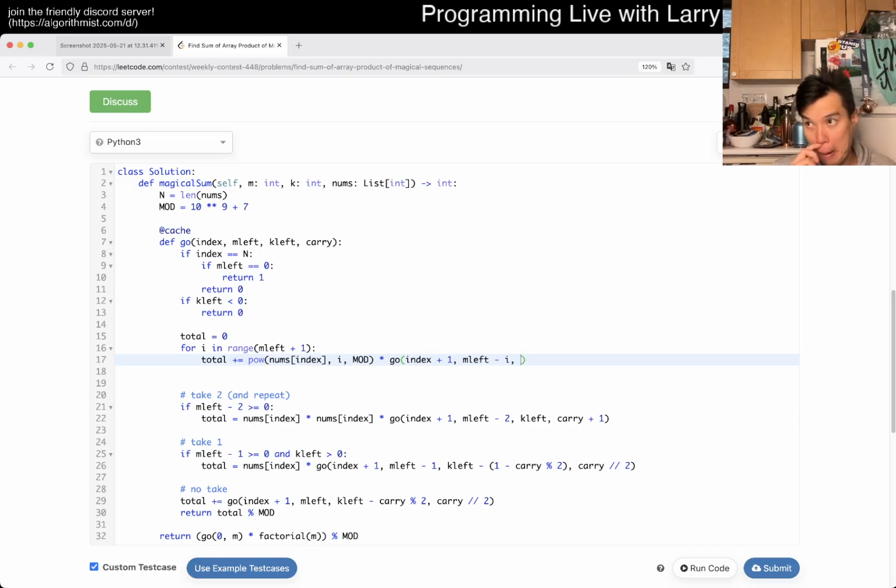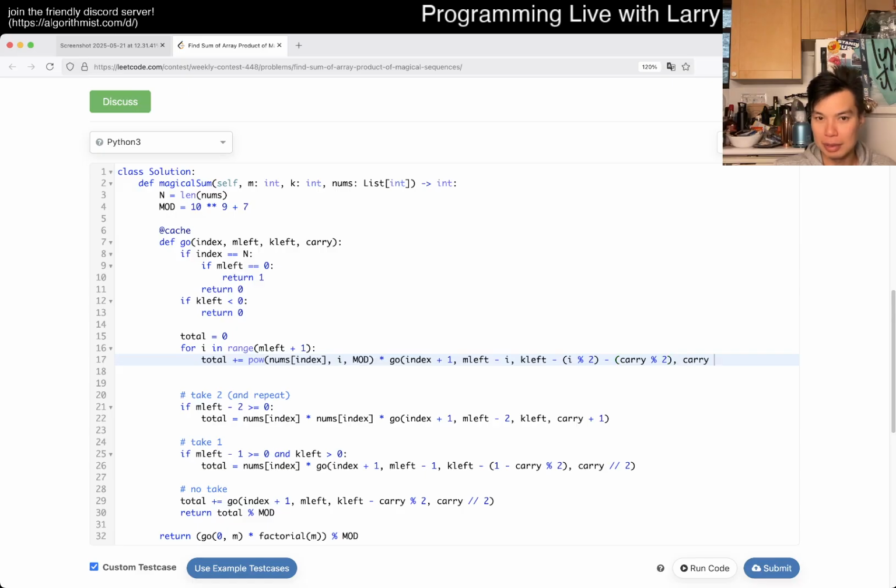We have I mod 2 is the number of k left we have, minus carry maybe, minus carry mod 2, right? Okay, so k left minus I mod 2 minus carry mod 2, something like this.